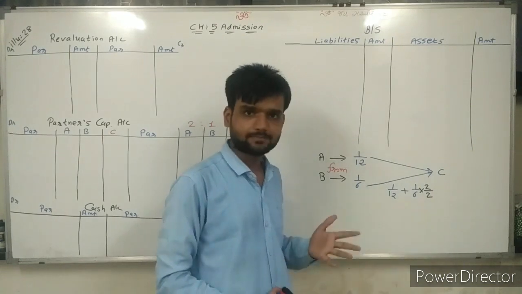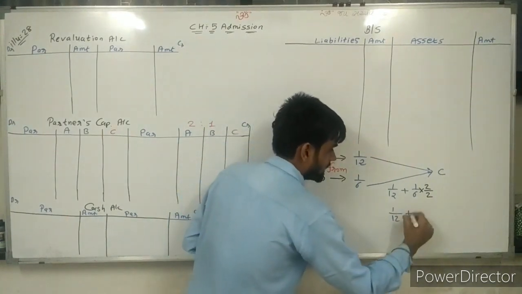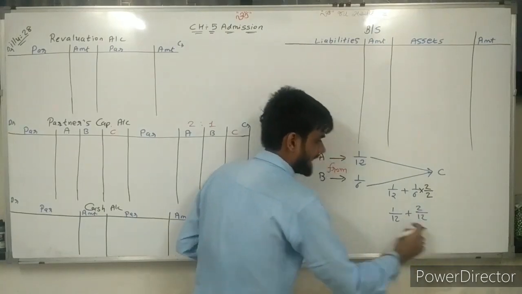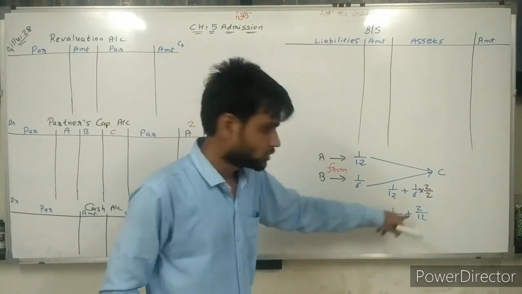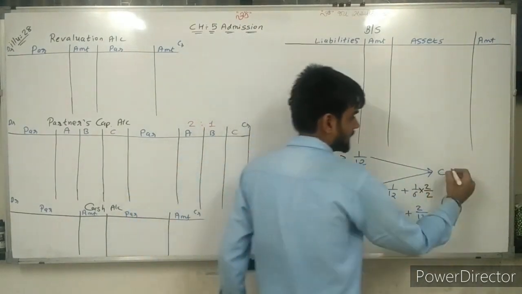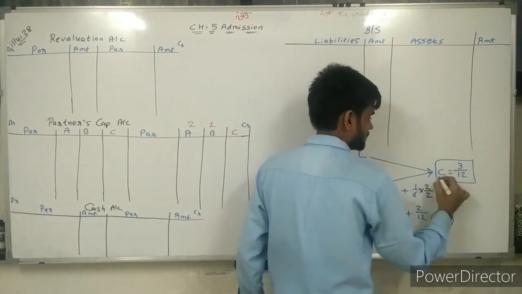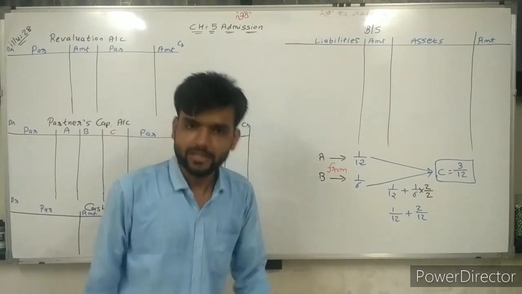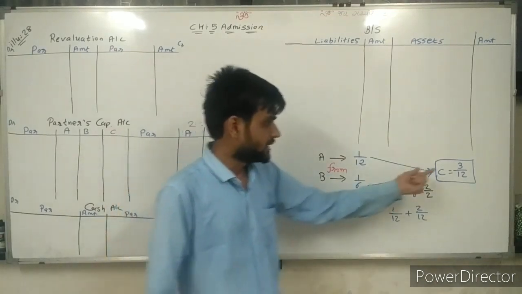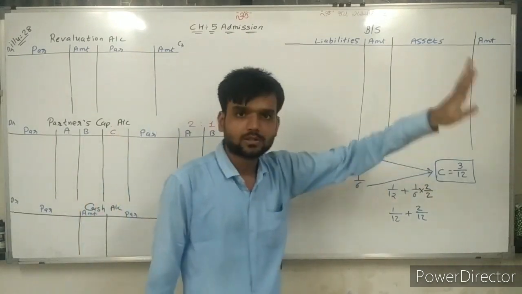Now 1/12 plus 2 ones are 2 divided by 12. Now the denominator is the same, so we can add both. 2 plus 1, 3. 3 by 12. So 3 by 12 is the ratio of C because the total of these two is given to C.